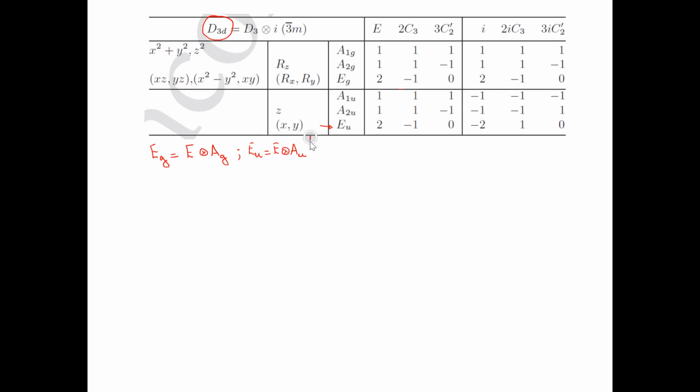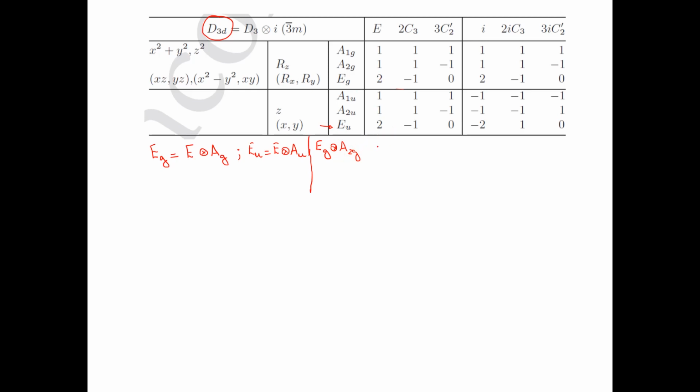I want to calculate many products of representations. For instance, I want to multiply EG and A2G, and what is the result of that? So we multiply basically two numbers.